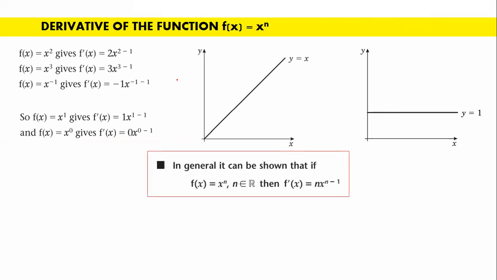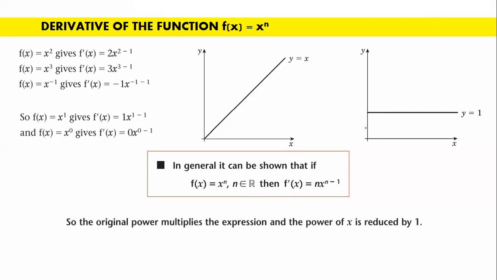Therefore, we can write a general rule to determine f'(x), the derived function, for a function in the form of x to the power n. In general, it can be shown that if f(x) equals x to the power n, where n is a real number, then f'(x) is n times x to the power n minus 1.